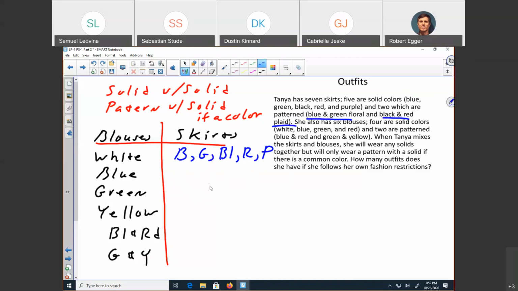So with the blue, she doesn't say anything about wearing the same color with each other, like blue with blue or red with red. So for the blue blouse, she's also going to have the blue, green, black, red, purple, and the blue and green floral.